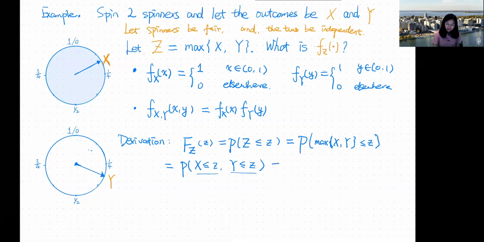This is actually the joint CDF evaluated at the point (z, z). Now, due to independence, the joint CDF equals the product of the marginal CDFs.